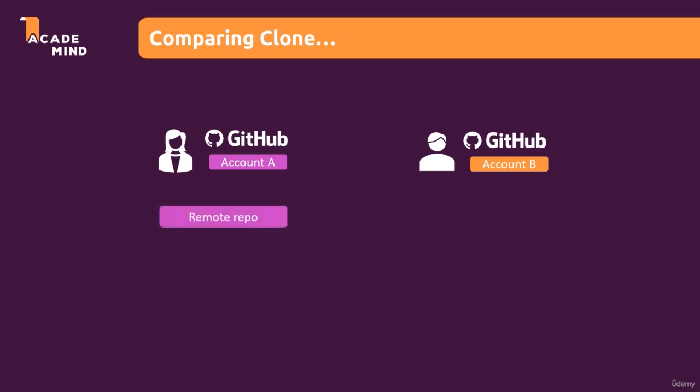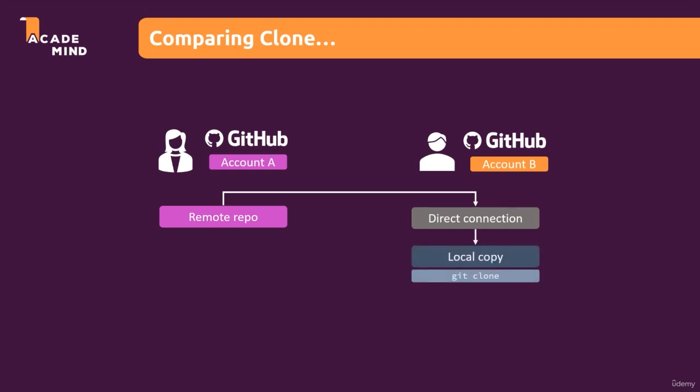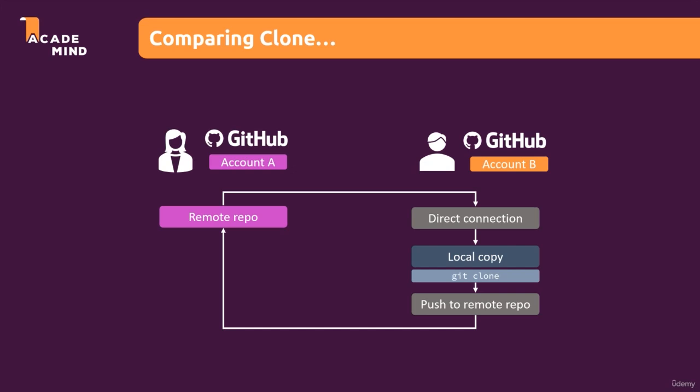Then you say, okay, I have this remote repository and I would like to establish a direct connection to this repository, meaning I don't need this repo in my own account. I just establish this connection via a local copy with git clone. I can then work on this code, add a new commit, for example, and once I'm done, I could push my local changes to the remote repository and then I'm done.